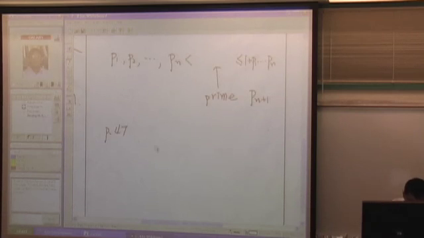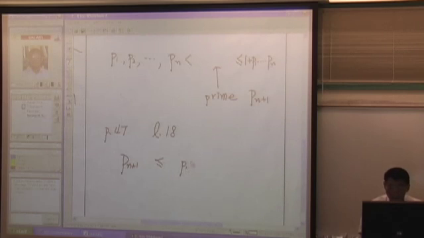I count the line number 1, 2, 3, 4, 5, 6, 7, 8, 9, 10, 18th line, right? Line number 18 has this statement. P sub n plus 1 should be less than or equal to P1, P2 multiplied all the way up to Pn plus 1.